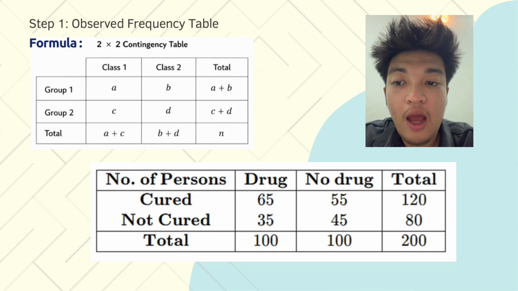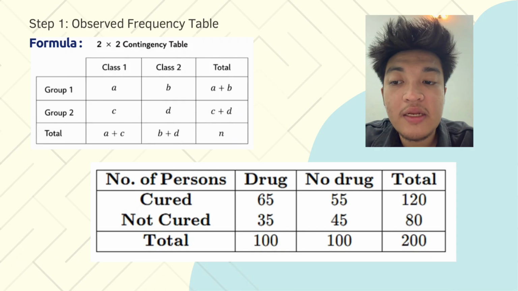To do that, our first step is to organize this data into a standard table, which is our observed frequency table. As shown by the standard layout at the top, the table maps distinct groups against two distinct outcomes.